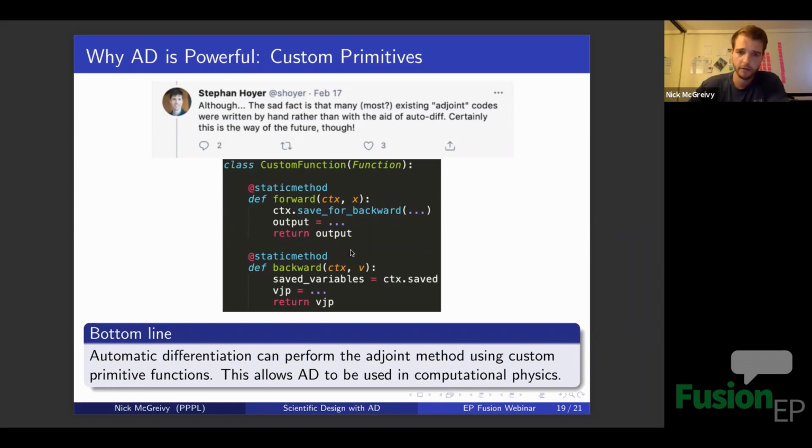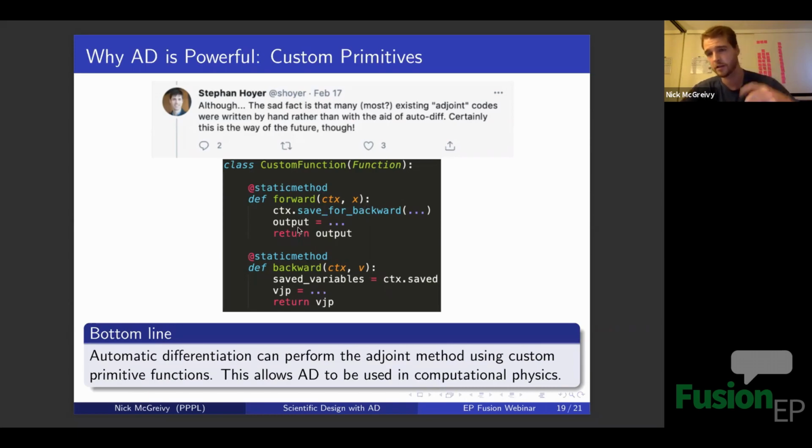And so here is some pseudocode, and this is very similar to the pseudocode of PyTorch, but JAX has similar things that you can do. In PyTorch, you define your forward method, which takes some input and computes the output of that function.